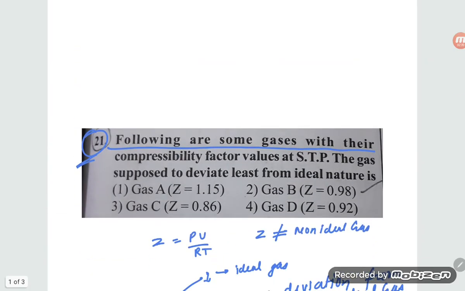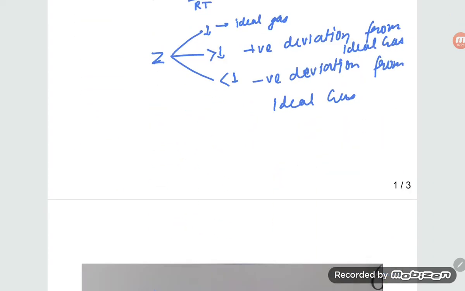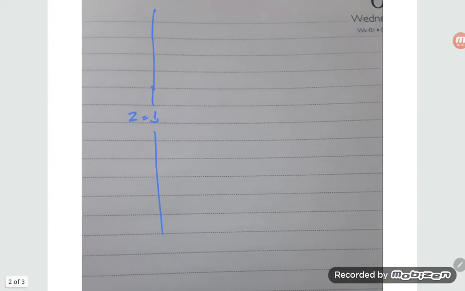If you go upward, it is 1.11, 1.12, 1.13, 1.14, 1.15. So this is the deviation.